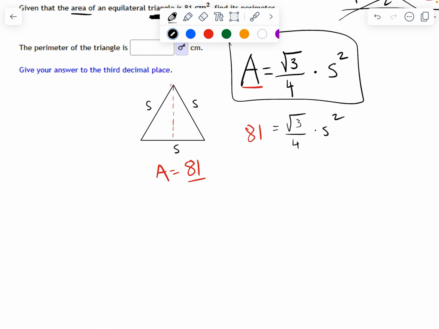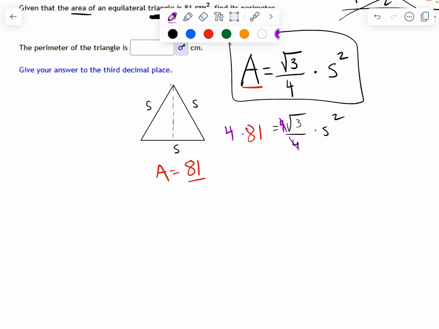So let's do that. I'm going to first get my side alone. So I'm going to multiply by 4, undoing that division with multiplication. On the right side, those cancel, and we have 4 times 81, which I believe is 244.